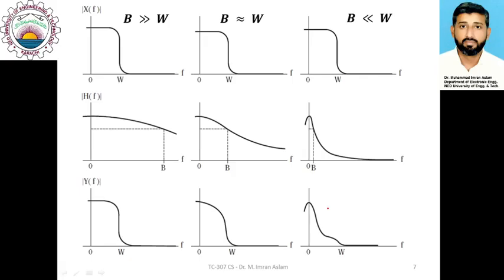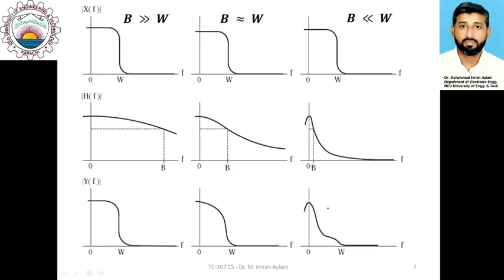So you can see that the bandwidth of the system is also very important, because if we try to pass a relatively wideband signal through a narrowband system, eventually we will not be able to make a useful transmission.